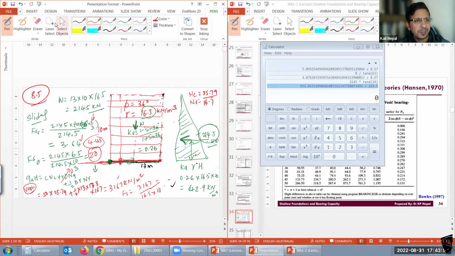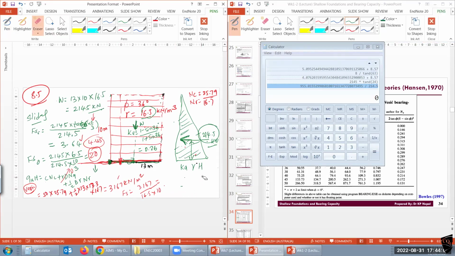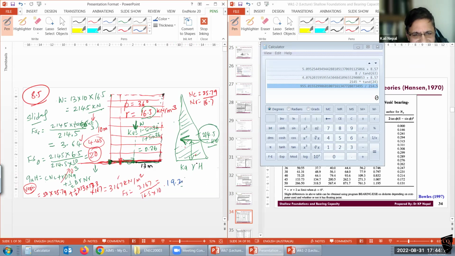That should be enough for this type of wall design. Can you compute that? How much did you get? 19.2. Again that big? Yes, sir. You see, that is too big, but it's also safe. If we design this type of reinforced wall, this should be safe enough.